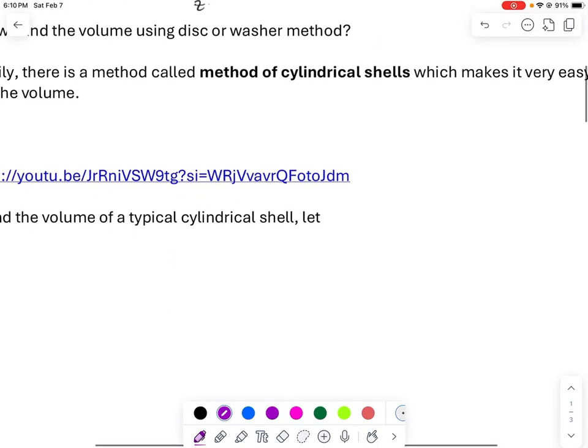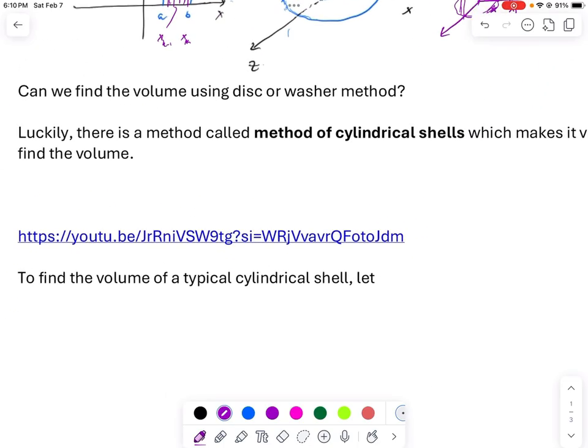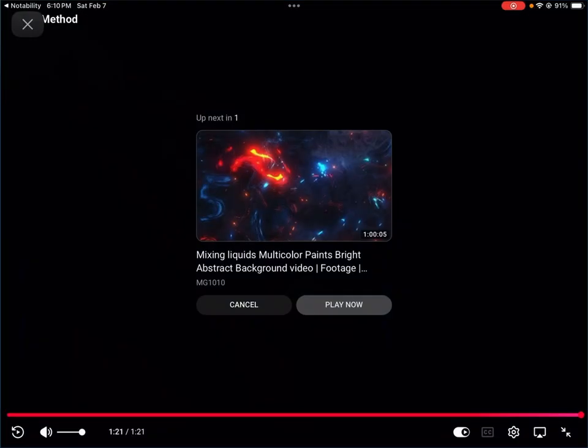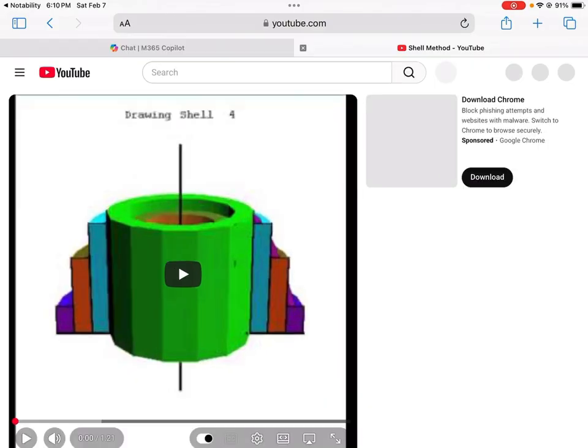By the way, here let me show you how this works.